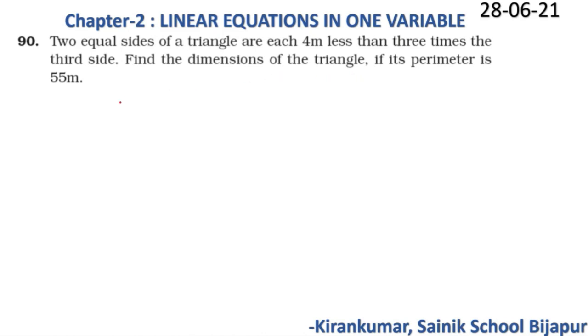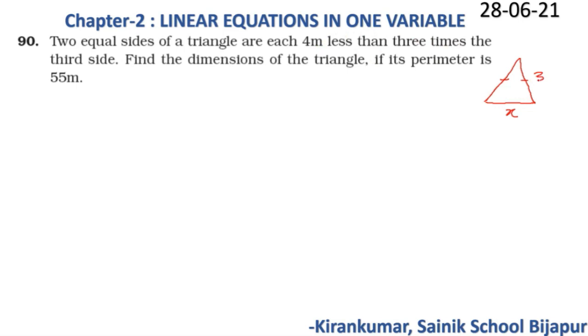Here, the triangle mentioned is an isosceles triangle. Suppose I consider this to be the triangle wherein these two sides are equal, this is the third side. If I consider the third side to be x, then these two equal sides will be 4 meters less than 3 times the third side.